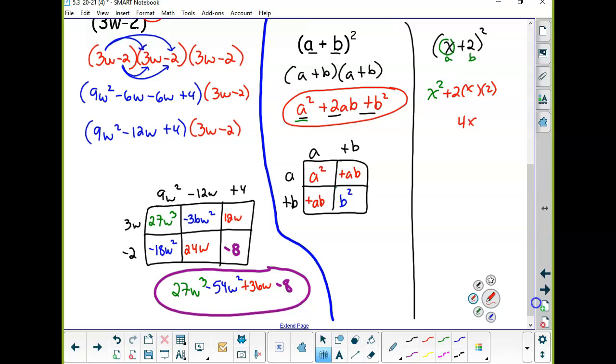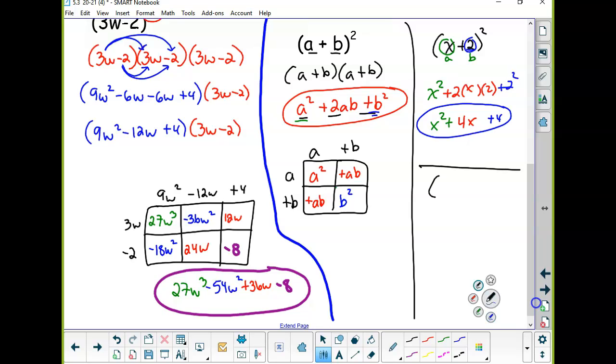Well, that's going to give me 4x. So this is kind of what I'm doing in my head. And then the last part says take your B value, whatever that is, and square it. So you can go from here right to your final answer. It's kind of a cool little pattern that exists because of the fact that we know what algebra is.